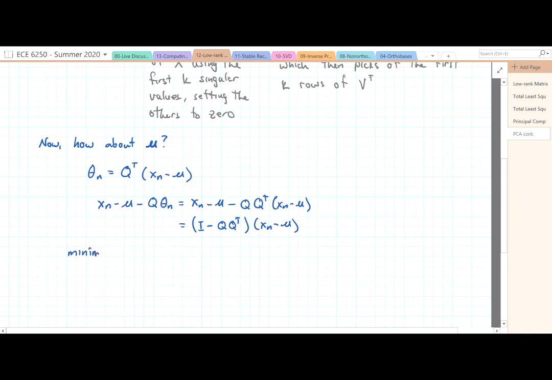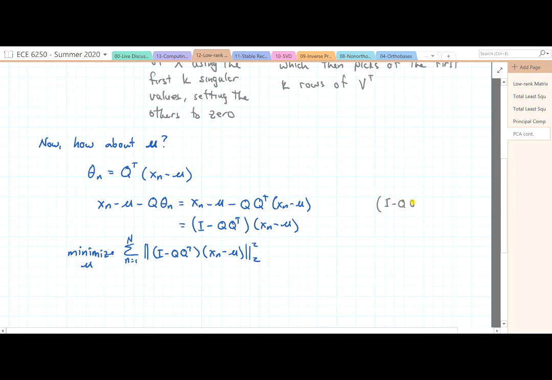So, back to our objective function, we want to minimize over mu the sum n equals 1 to N of the norm of (I minus Q Q transpose)(x_n minus mu) squared. Well, one thing to note is that over here on the side, this will make life easier.